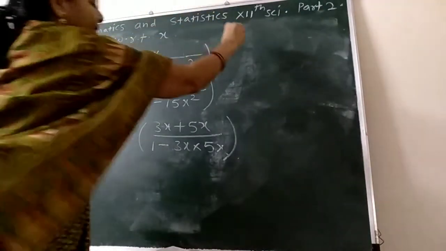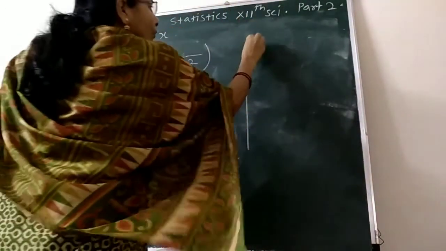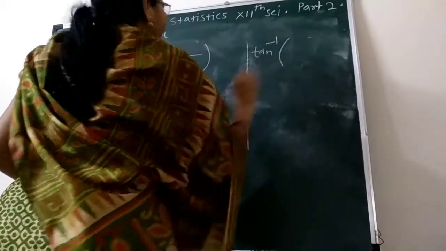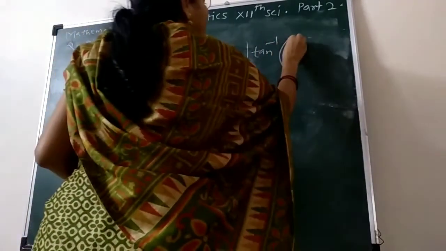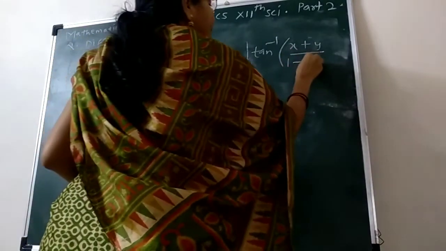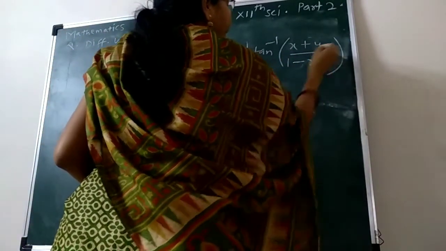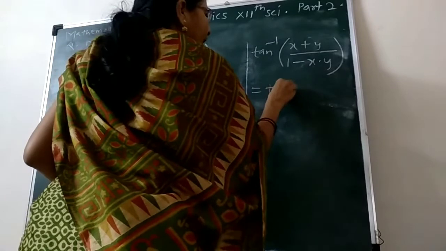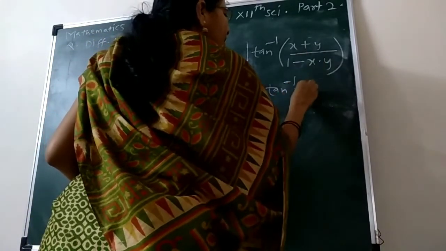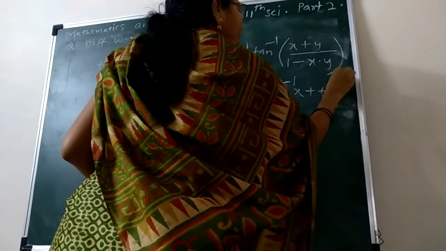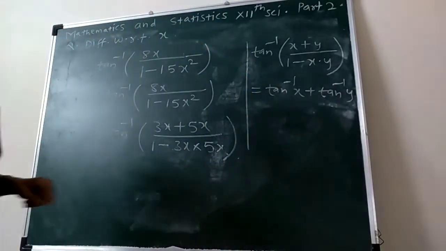Now according to the formula, tan inverse of x plus y upon 1 minus x into y is equal to tan inverse x plus tan inverse y.